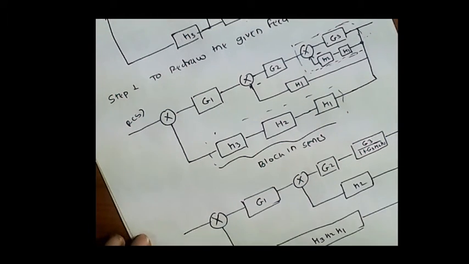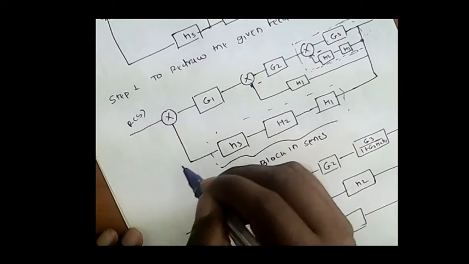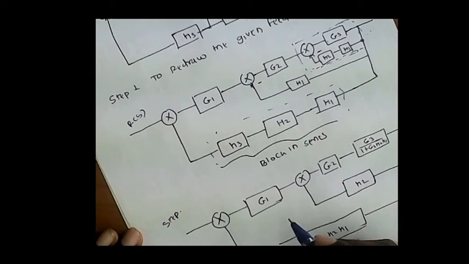Okay, so after simplification this is step 1, this is step 2, negative feedback.